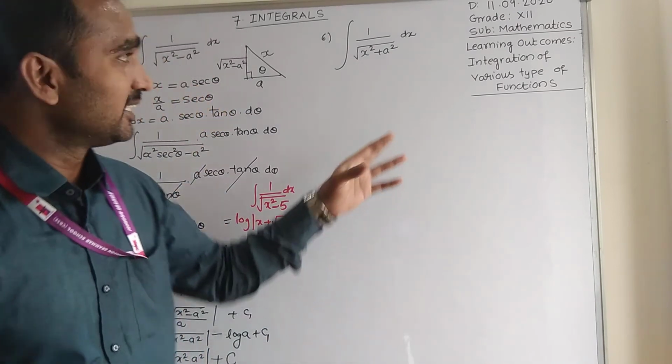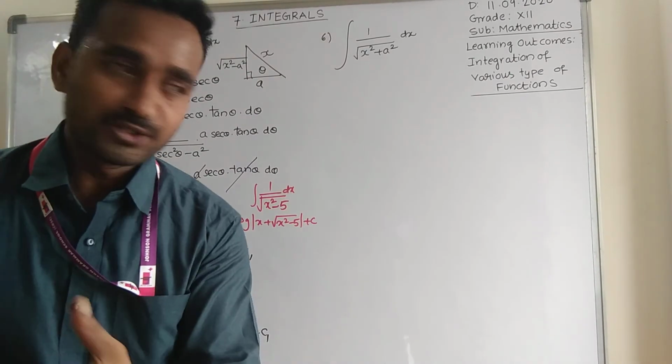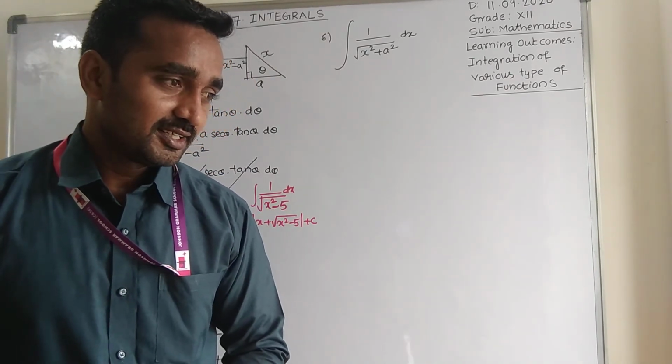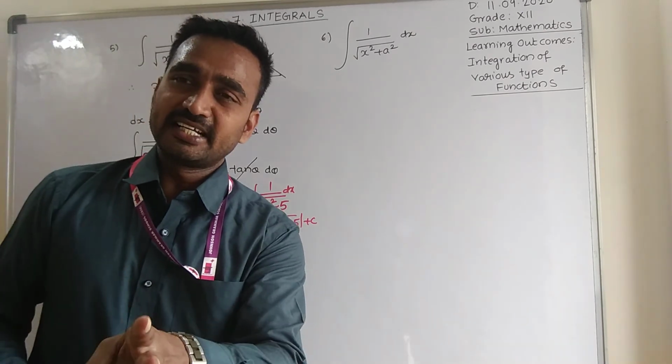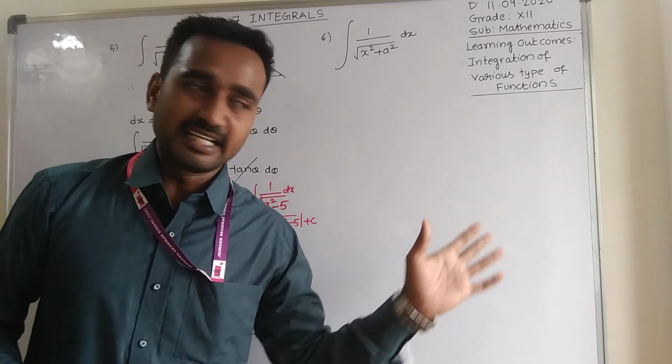What to assume here? See, x equal to a sine theta, no use because we don't have any formula to get 1 plus sine square theta. Okay, two options, secant theta, tan theta. Which one is useful? X equal to a secant theta or a tan theta.